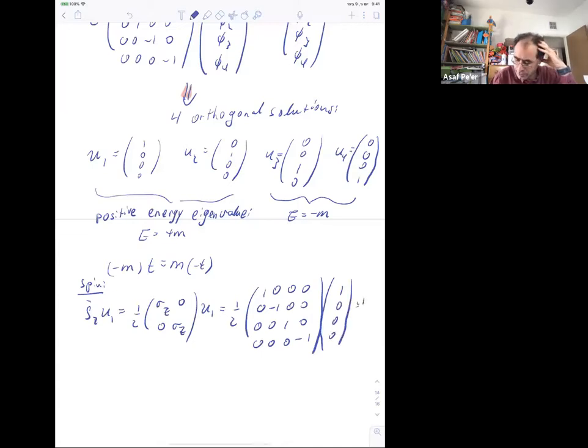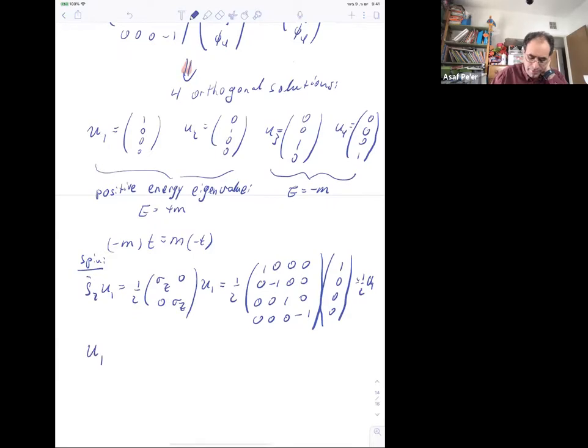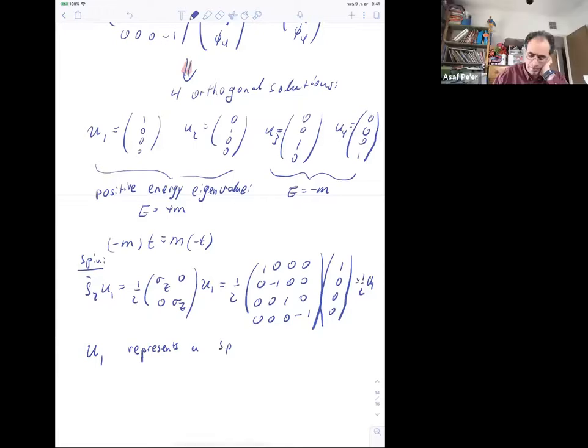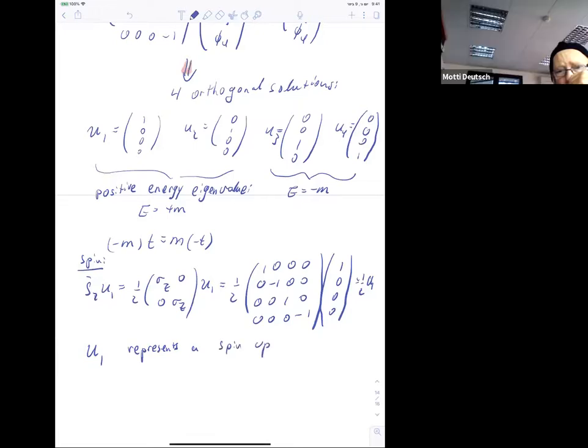So just 1/2 U1. So U1 represents what? A spin up, plus 1/2, a positive energy solution.